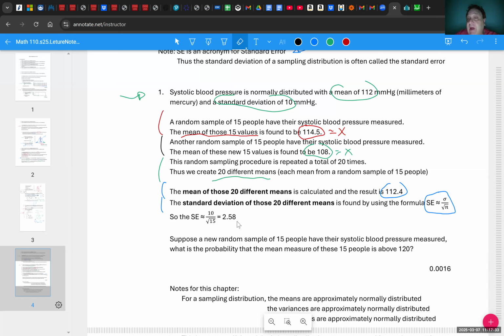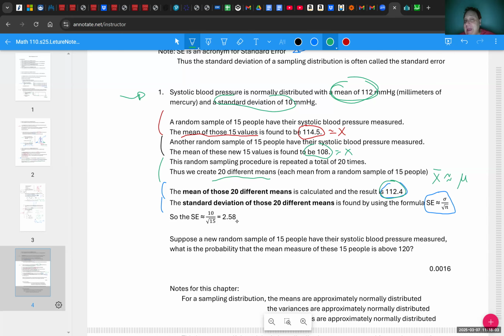So if we take the 10 divided by square root 15, use a calculator, you get about 2.58. By the way, we could have also used the formula that the mean of the sampling distribution is approximately the mean of the original distribution. The original distribution was 112, and you can see that when I did the math with my manufactured numbers, I got approximately 112. I got 112.4 by using my numbers that I'm not showing you because I don't want you to be wrapped up in all the numbers and calculations.